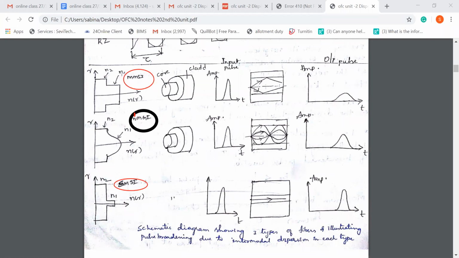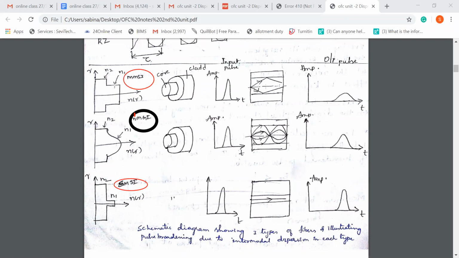We have already discussed that multimode means there will be different modes, and step index is nothing but that in your core you have a constant refractive index, and your cladding also has a constant refractive index, and the core refractive index is more than the cladding, right?